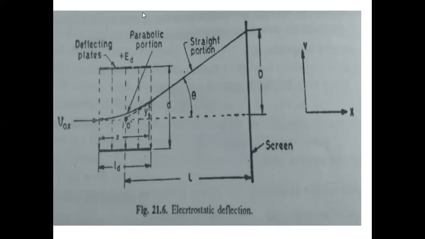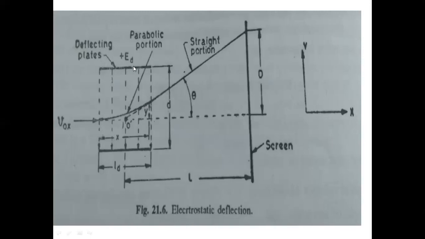This figure shows the electron which enters into the deflecting plates. These are the plates, and when the electron enters these deflecting plates, we apply the deflecting voltage.